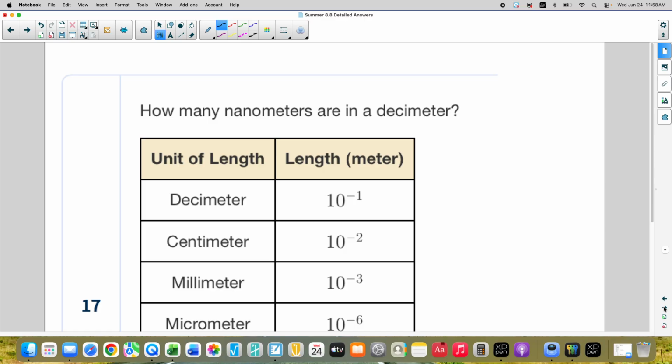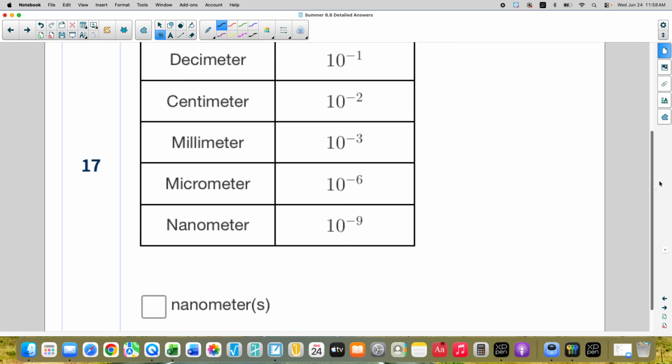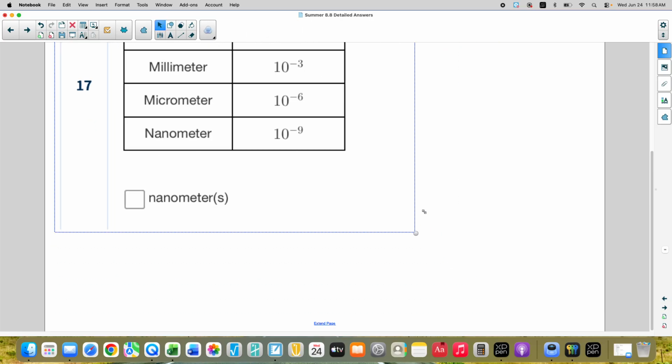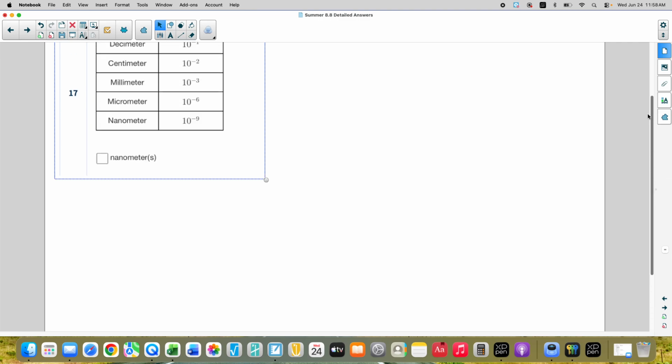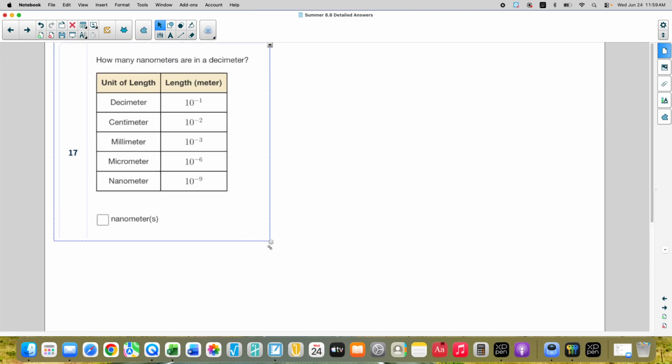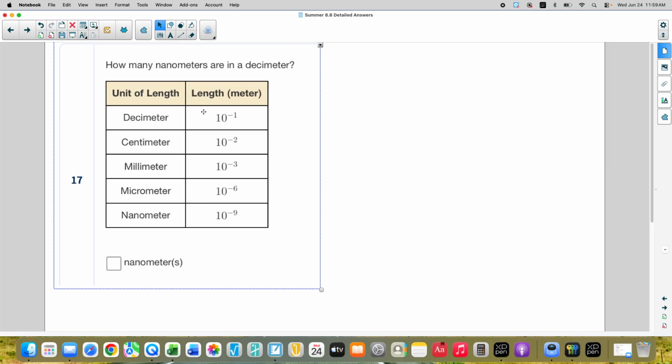How many nanometers are in a decimeter? Ooh, nanometer. Okay, so this is kind of like King Hector died drinking chocolate milk. I want to make this a little bit smaller so we can see all of the unit conversions. So this is small, this is smaller.